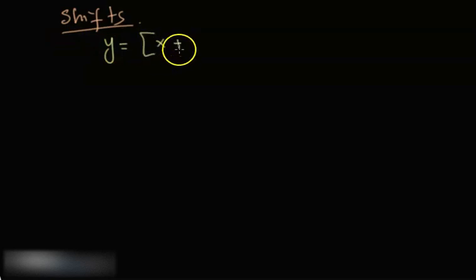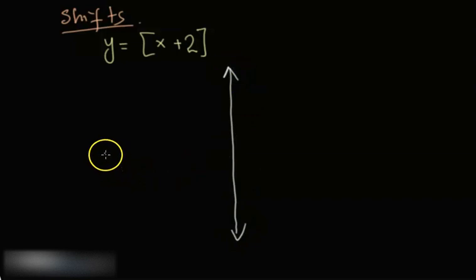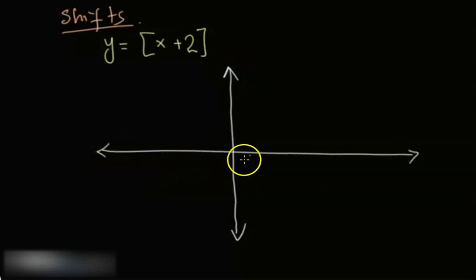And similarly, if you are now talking about left and right shifts or horizontal shifts, when you are adding something to the value of x inside this bracket, this will shift the greatest integer value function 2 units towards left. So we know that there is one page here of the greatest integer function.